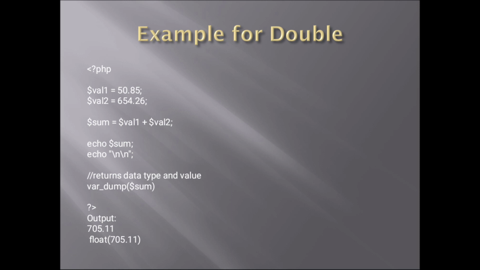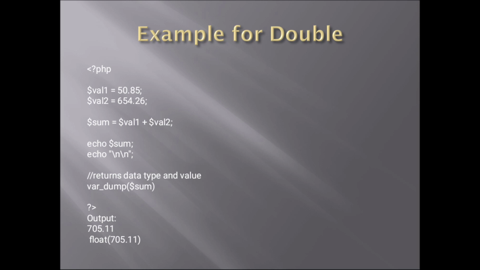So dollar sum equals dollar val 1 plus val 2. To print, in PHP we use echo dollar sum. Then a new line. To return the data type and value, we use var underscore dump bracket dollar sum.